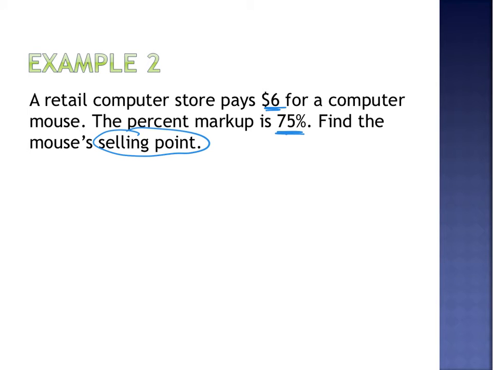The first thing we have to do is find our markup, and I'm going to put MU for markup. Our markup is where we take our percentage, and remember we have to convert our percentages to a decimal. So I have 0.75, and we multiply that by the price that the store paid, which was $6. When I multiply this out, this gives me a markup of $4.50.